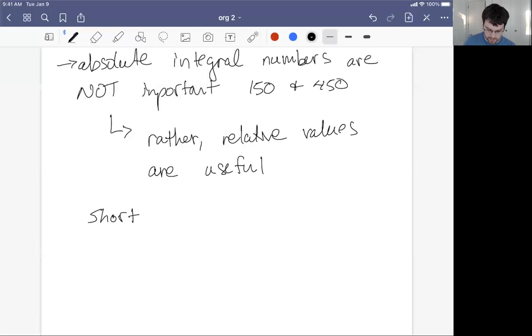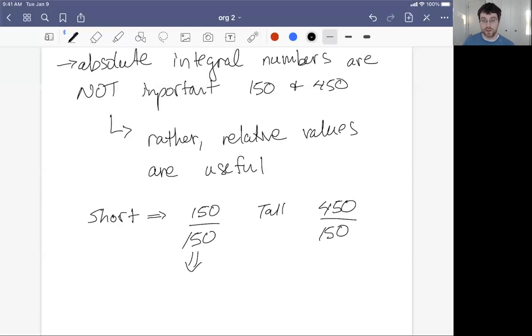For the short peak, I'm going to take 150 and 450 and divide them by the lowest of the two. I'm going to divide them by 150 because 150 is lower than 450. This will always convert the lowest number to 1. And then 450 divided by 150 is 3.